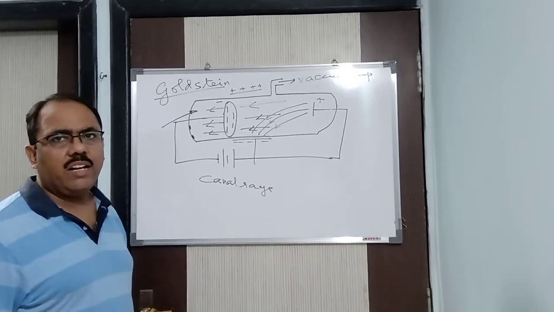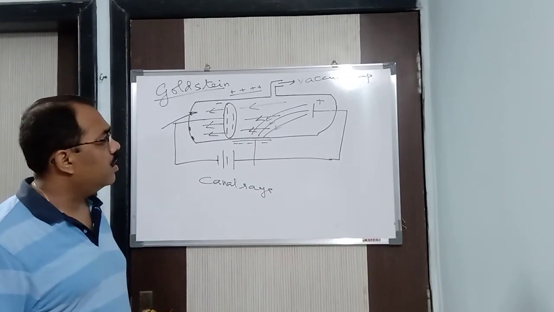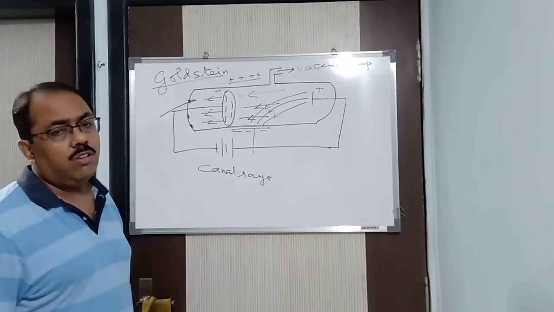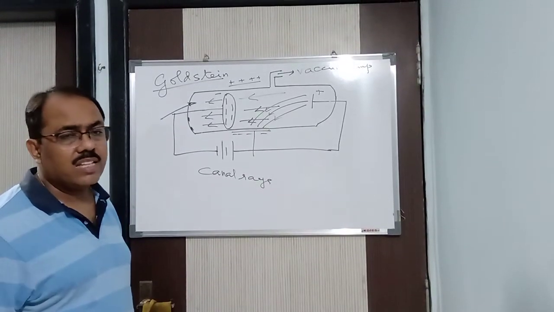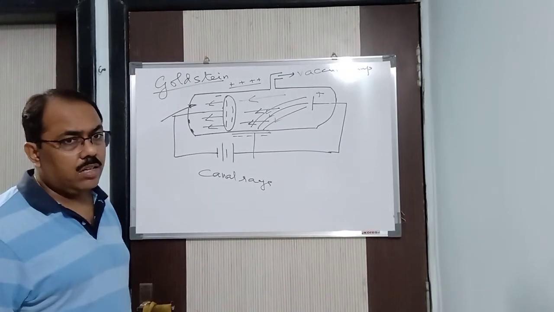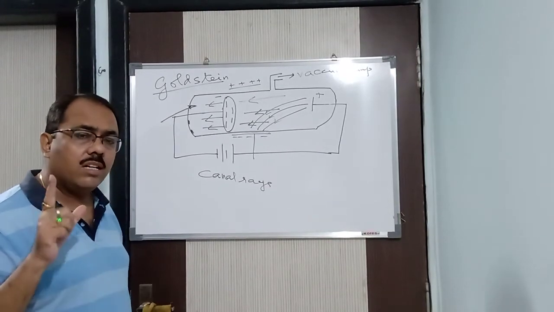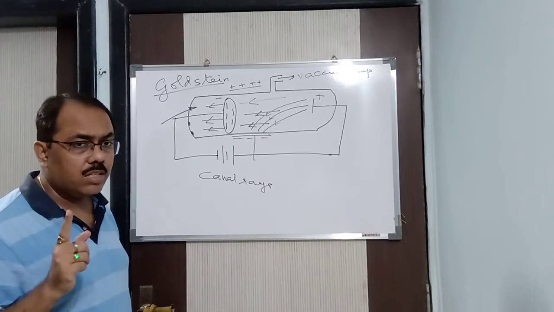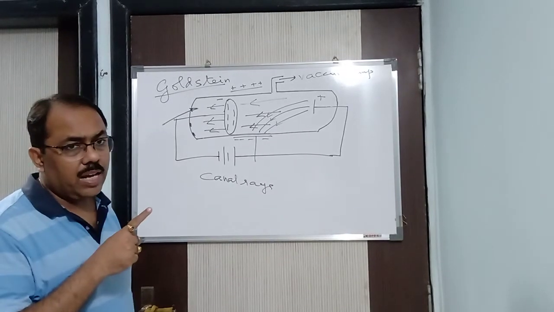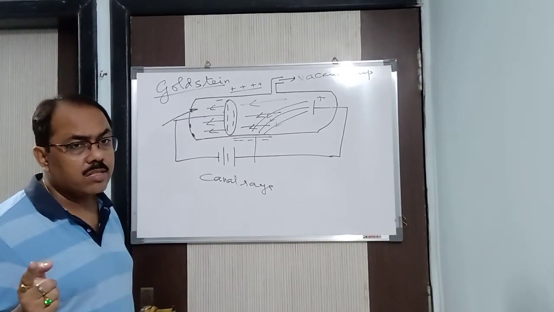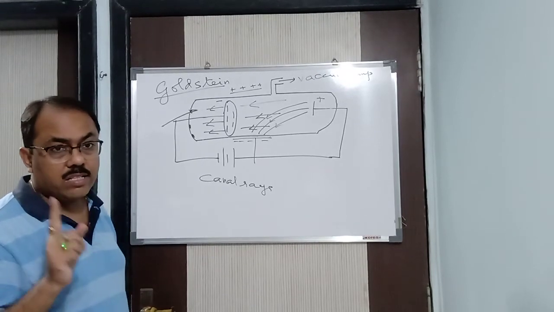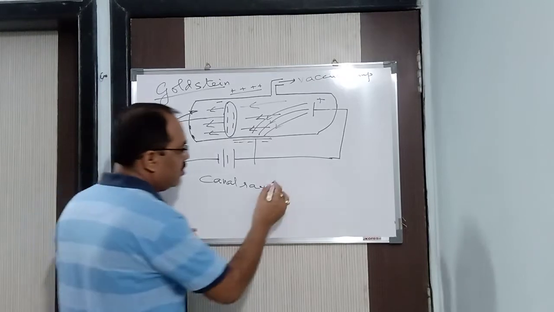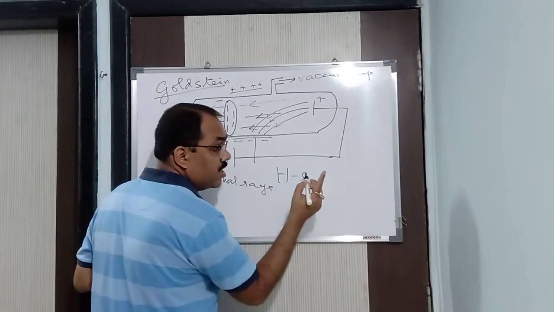Now if you see the characteristics of these rays, or the protons, you will find that they have similar characteristics to cathode rays. Got it? Now here I am not using the term anode rays, mind it. I use the term cathode rays, but I am not using the term anode rays because anode rays are not produced from the anode. Then how are they produced? See, they are produced from the residual gas.